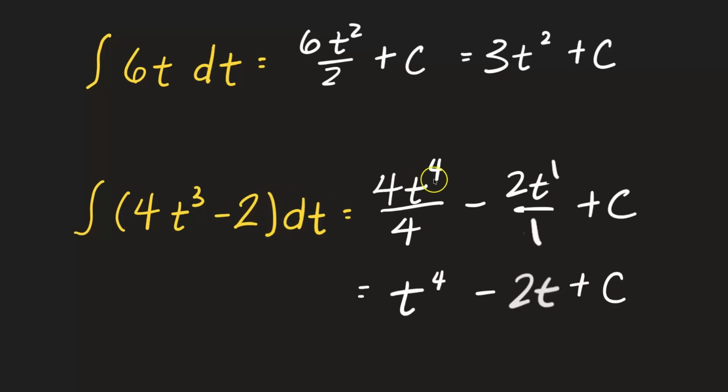So t to the power of 0 plus 1 is 1, and then we're going to take this whole term divided by the new exponent of 1. So this gives us 4t to the power of 4 divided by 4 minus 2t divided by 1 plus c, which is equal to t to the power of 4 minus 2t plus c.